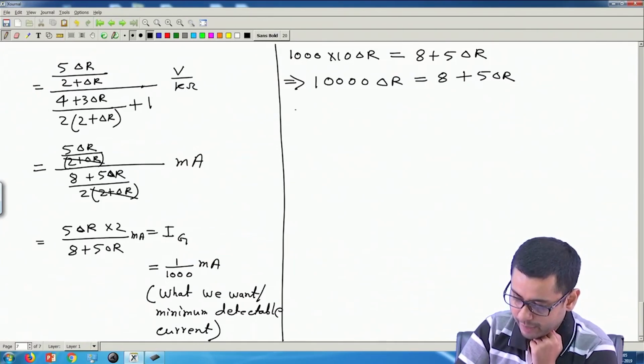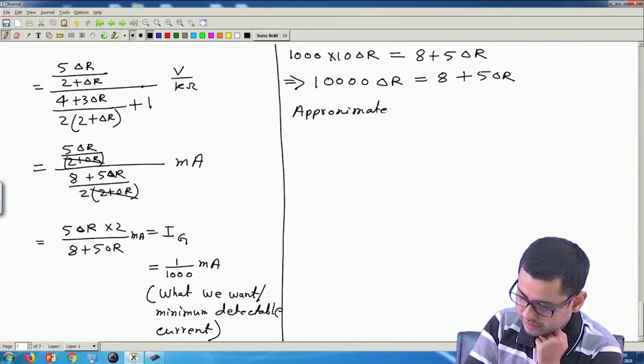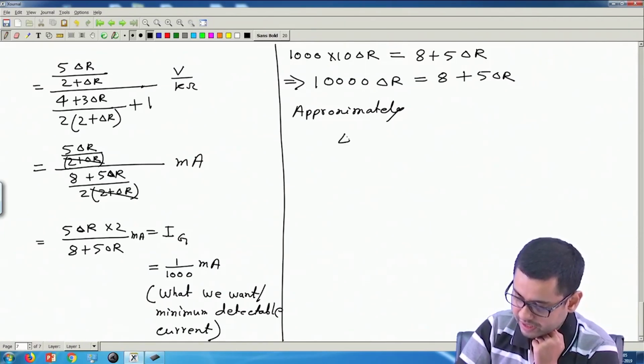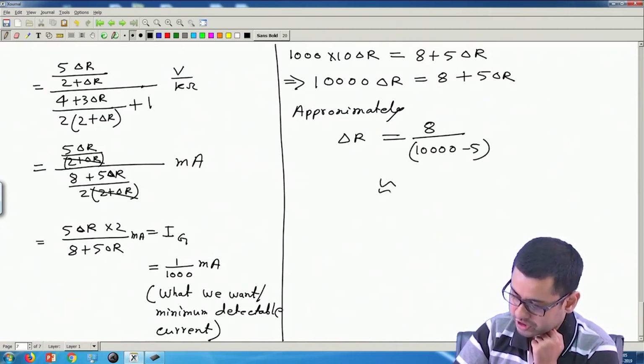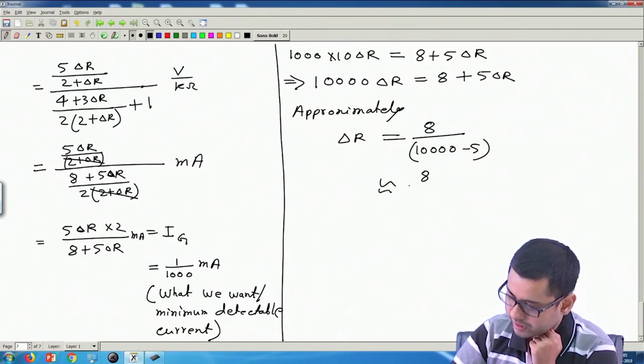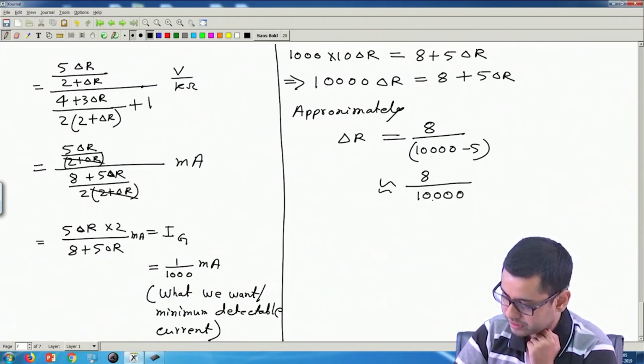So delta R is actually 8 by 10,000 minus 5, which is approximately 8 by 10,000, ignoring this 5, and this is in kilo.